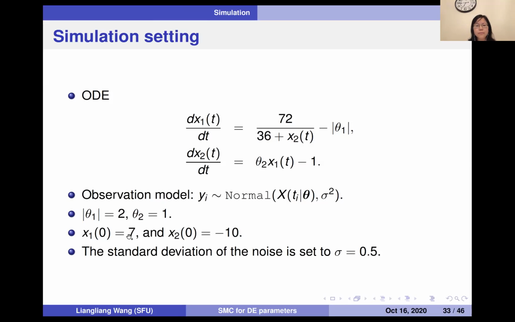These are the initial states we are using, which are 7 and minus 10 for x1 and x2 at time 0. For the observation model, we generated data using a normal distribution with mean x and variance sigma square. Here, sigma is set to be a half.